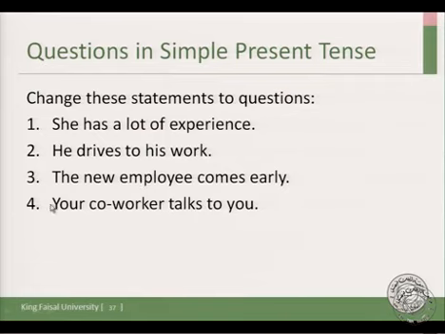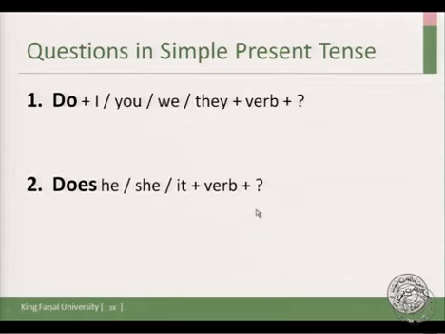Does the new employee come? Does your coworker talk to you? And then a question mark at the end of each sentence. So this is how we do it. We have do in the beginning, does in the beginning, and the rest of the sentence, and we delete the s from the verb.